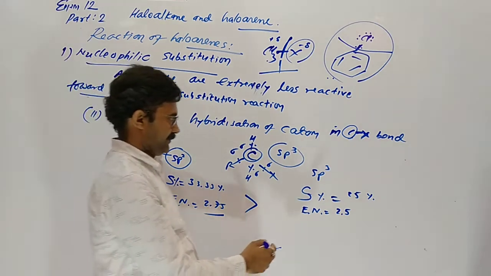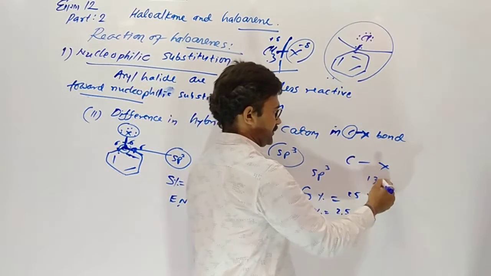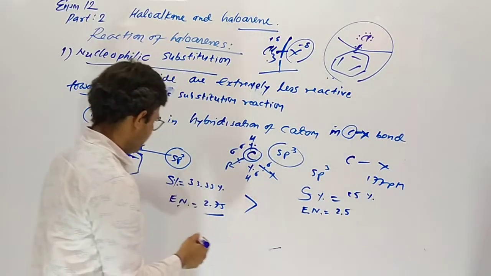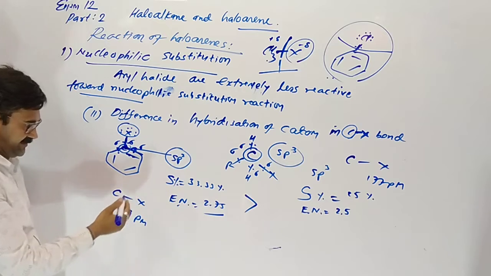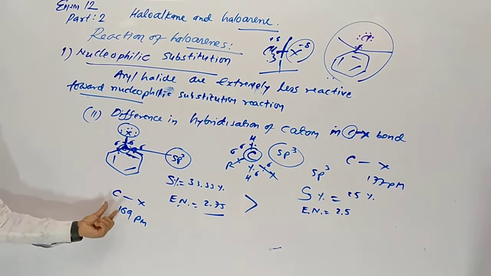Bond length in haloalkane is 177, whereas in haloarene the bond length is 169. So this bond is very strong; it is very difficult to break and needs more heat, more energy.